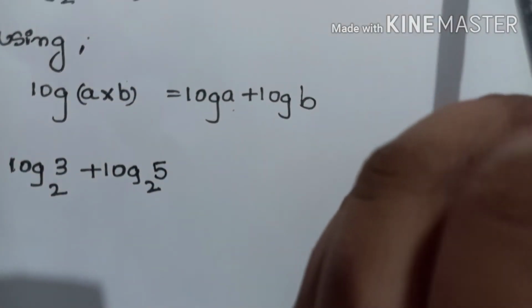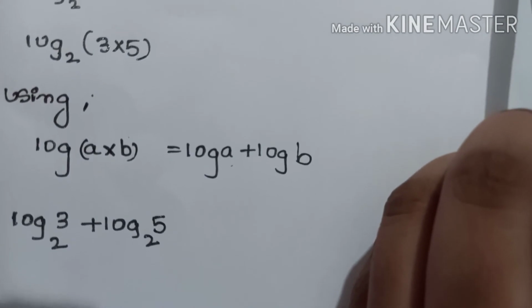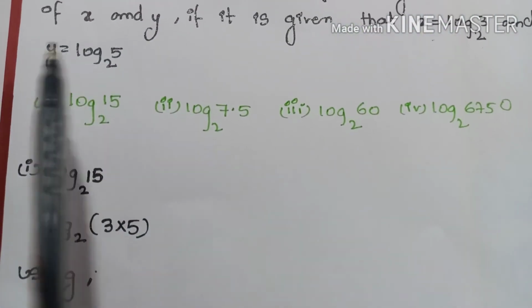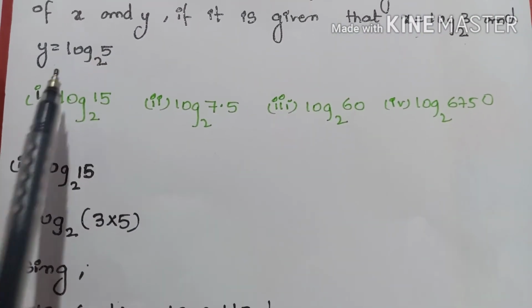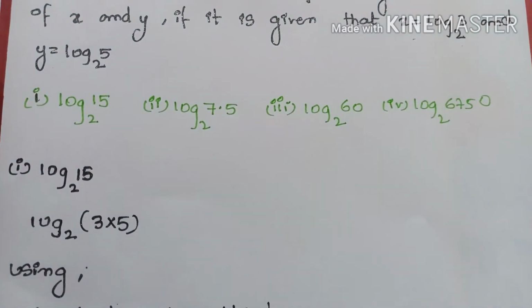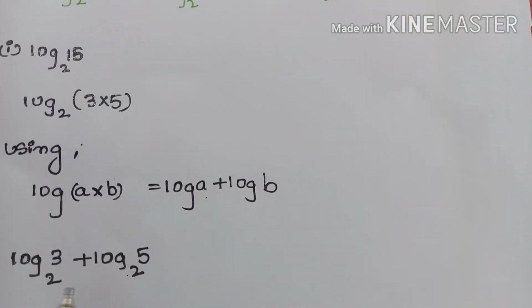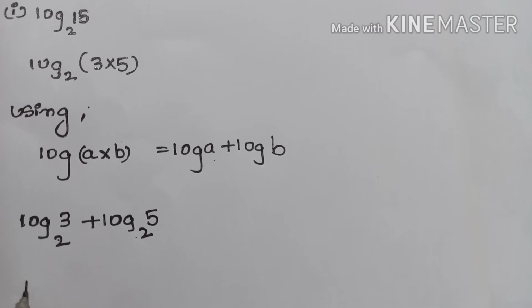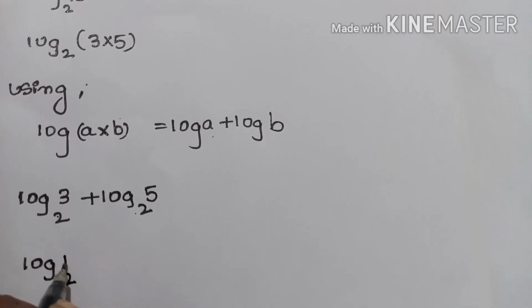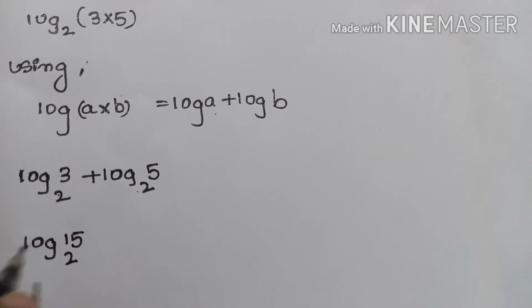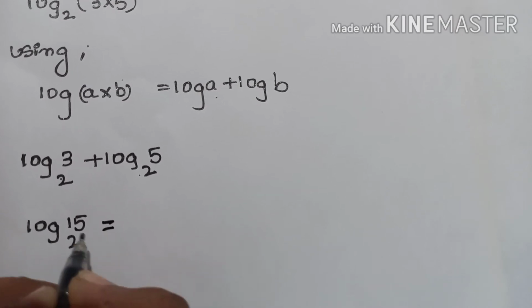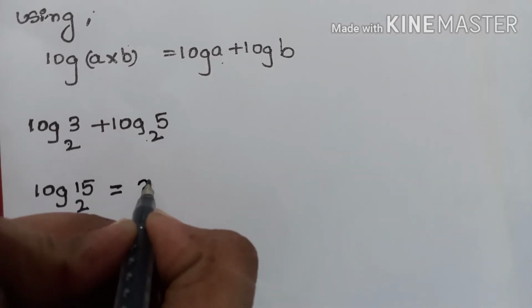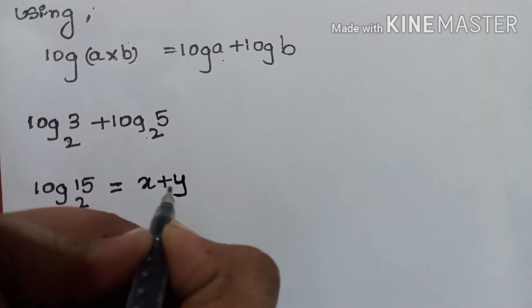From the question we know that x is log 3 to the base 2 and y is log 5 to the base 2. So we got here log 3 base 2 and here log 5 base 2. Therefore we have expressed this log 15 base 2 in terms of x and y. So log 15 base 2 is x plus y, and this is the answer.